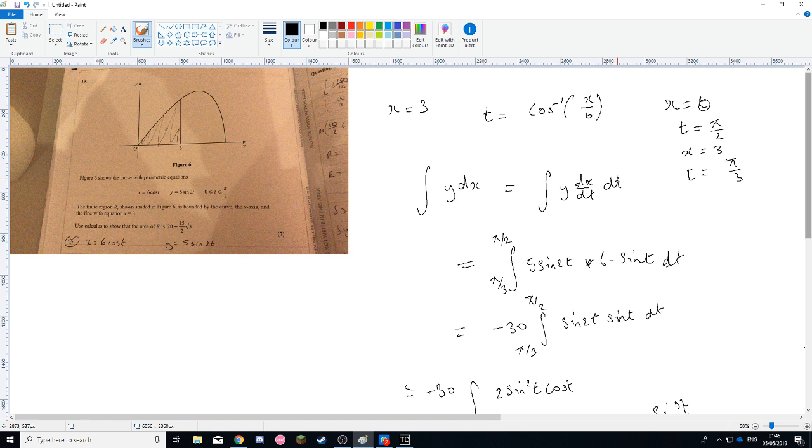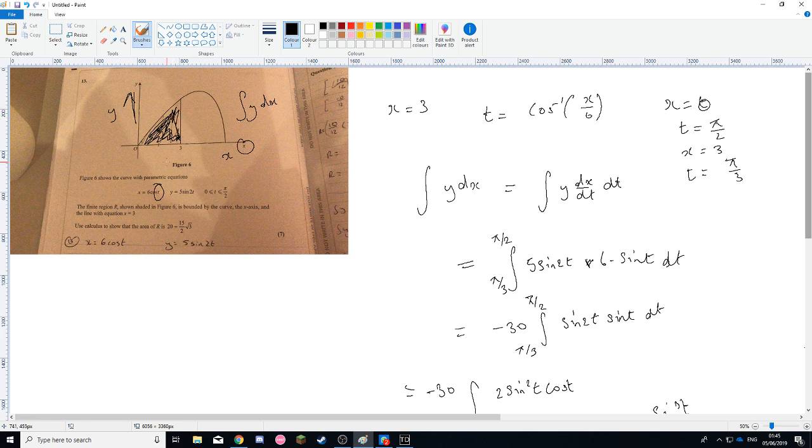This is y and this is x, so this is represented by the integral of y dx. I know this doesn't have an x in it, but this does, and the area is represented with x and not t.